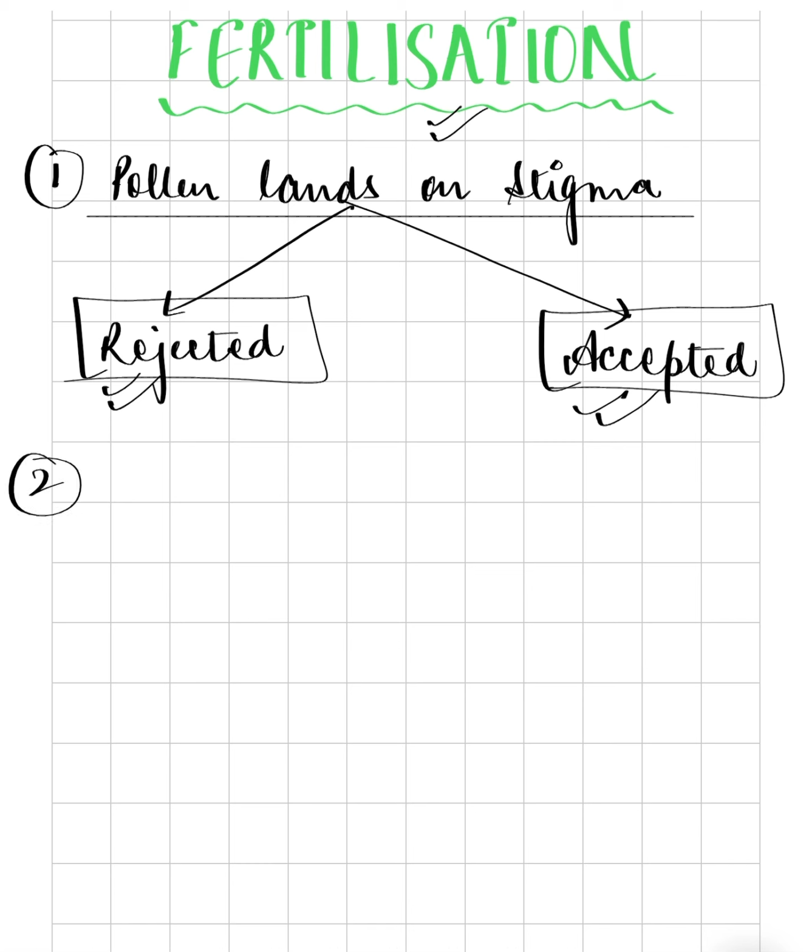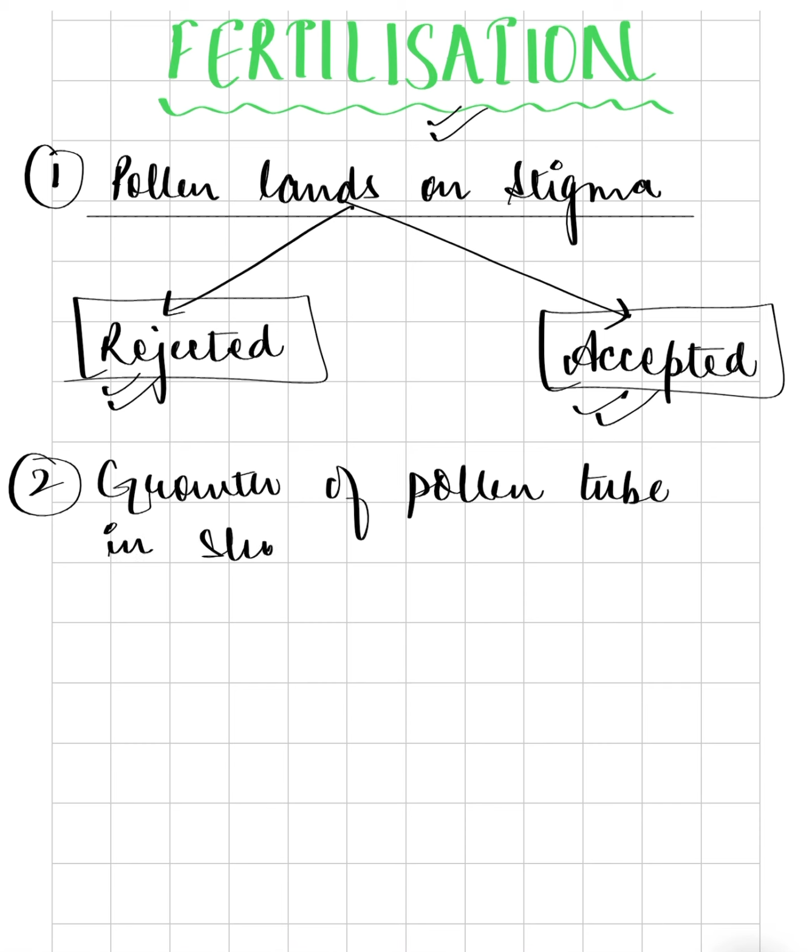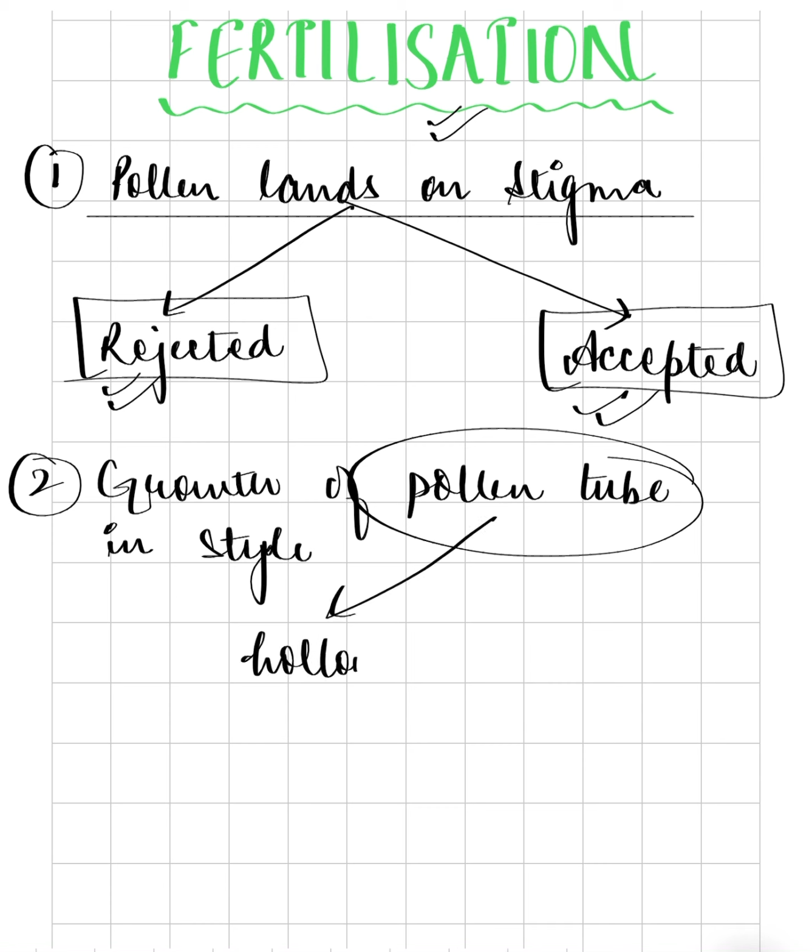Now, the next step is the growth of pollen tube in the style. The pollen tube could be hollow or it could be solid in nature.